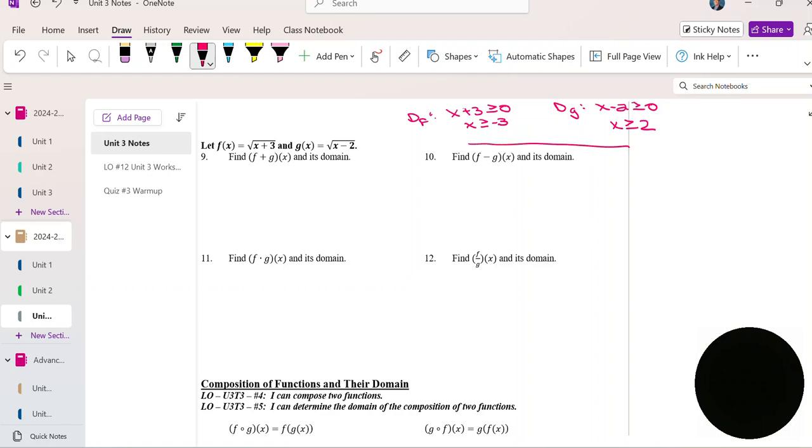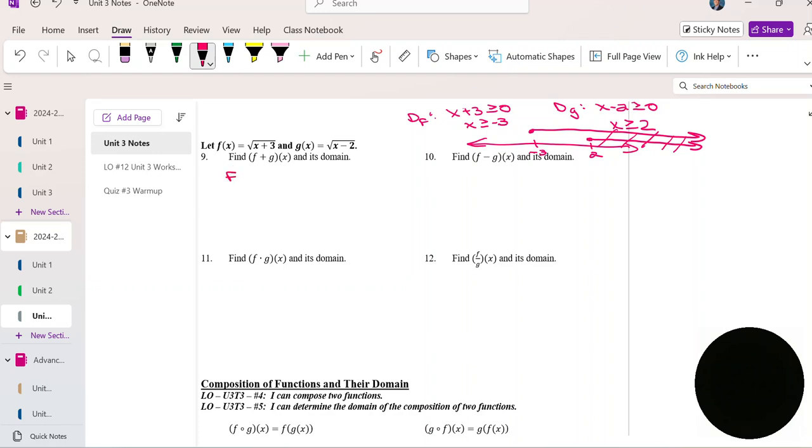Well, if you think about it on a number line, here's negative 3, and here is 2. So notice where they intersect. They would intersect right here. So any combination is going to have a domain that is greater than or equal to 2.